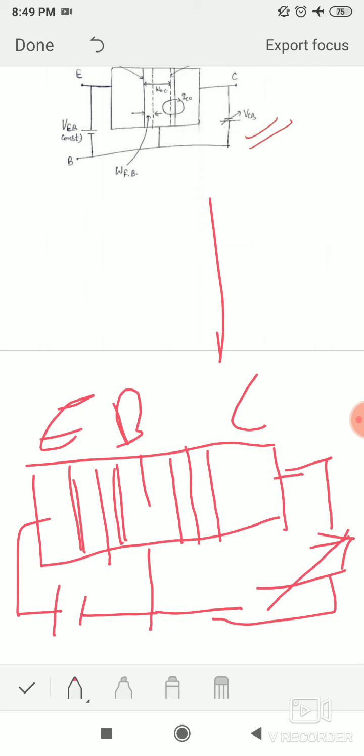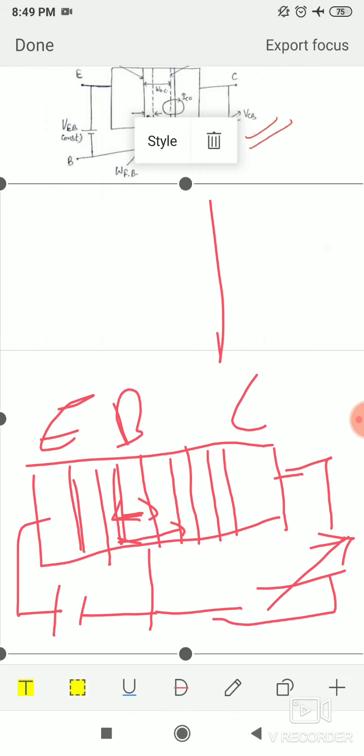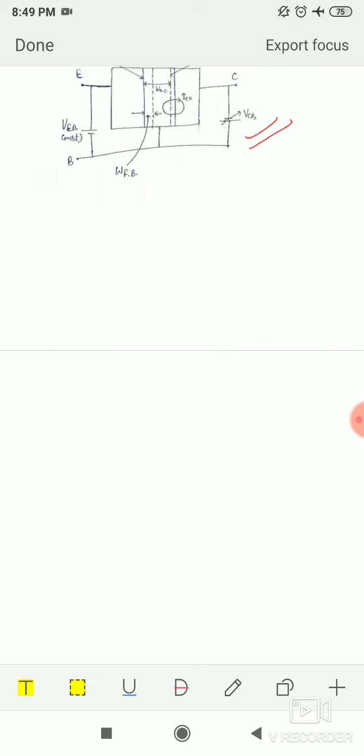When minus 2 volt, this length is this one. So the effective base width decreases, and the junction depletion layer increases.